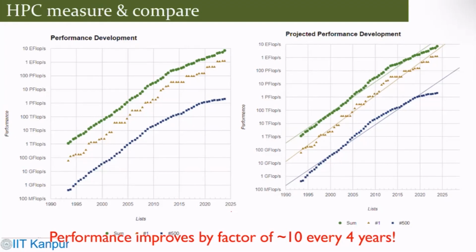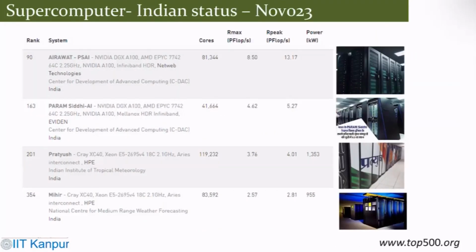This is where the computing platforms come in. As per November 2023, from this side, the Indian supercomputer list. This is in the CDAC. This is also CDAC. This is the Indian Institute of Tropical Meteorology. Obviously this year's list could be different.